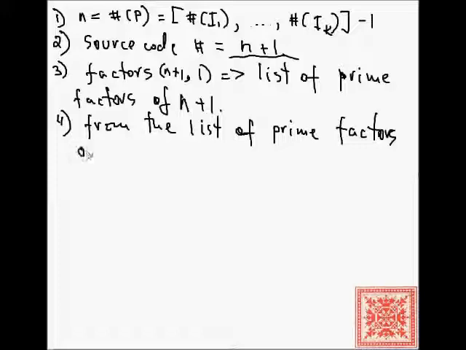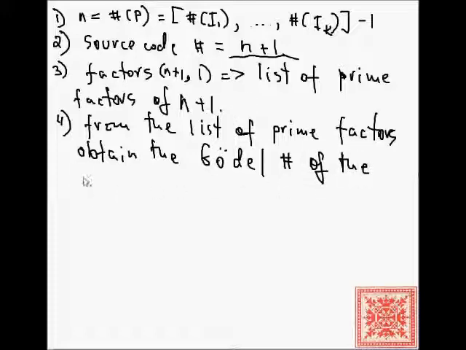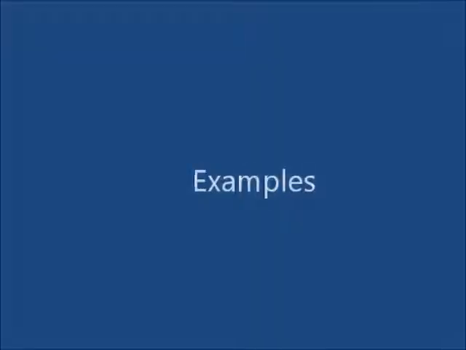Once we have the prime factors, we can compute the prime powers, the powers of each factor, and that's exactly what we want. Then we can get the source code number, the Gödel number with the prime powers.